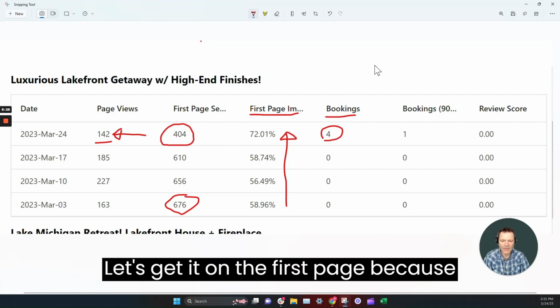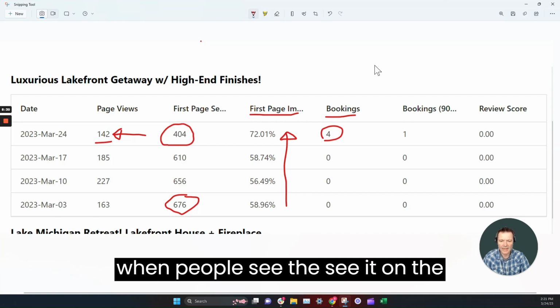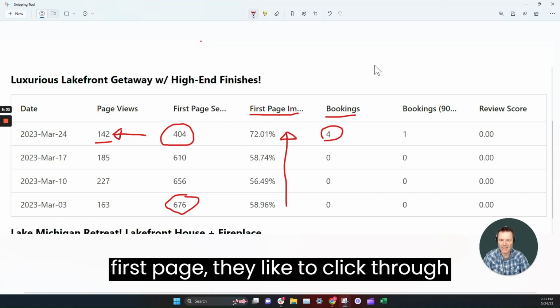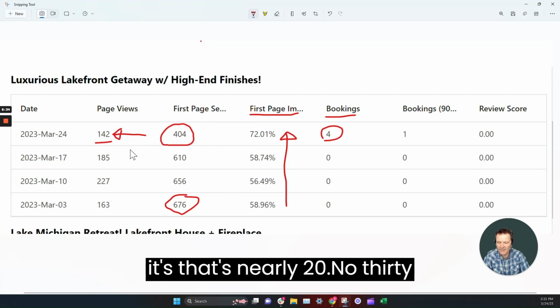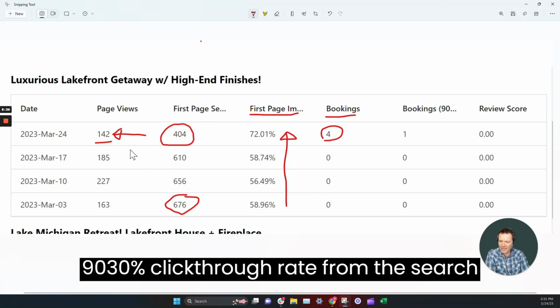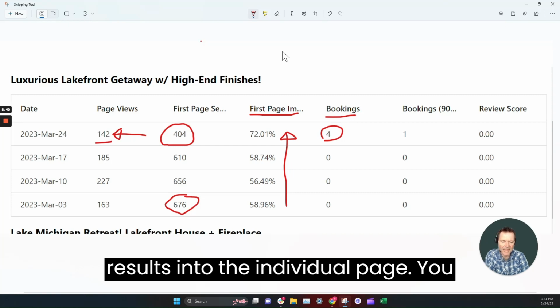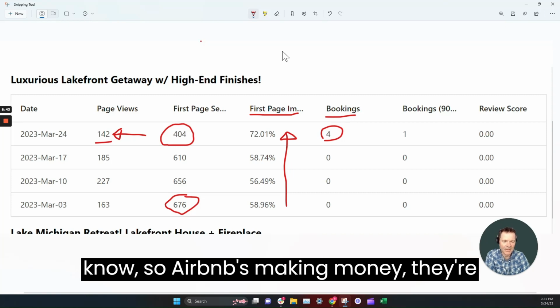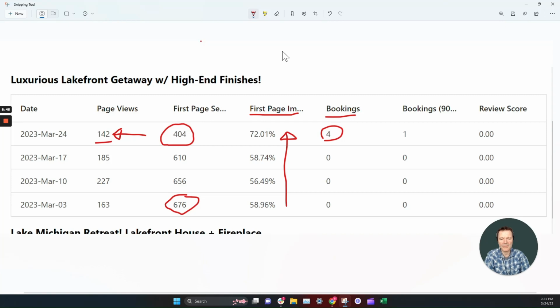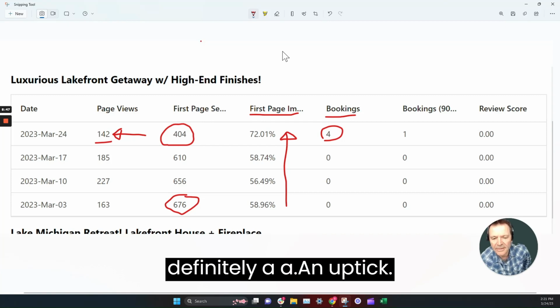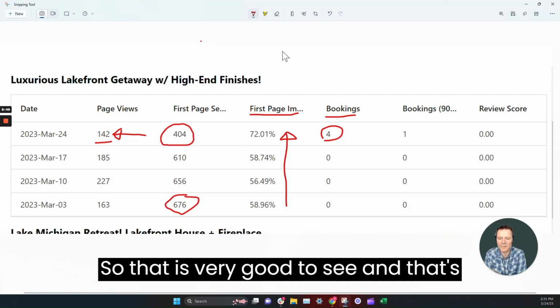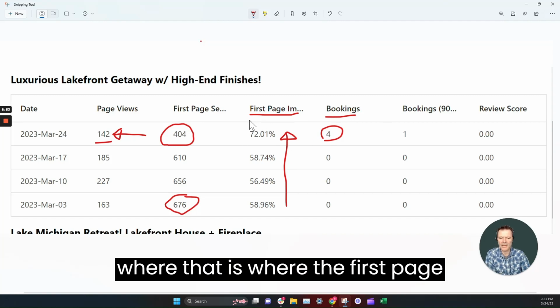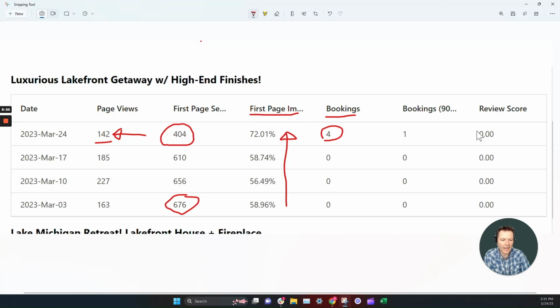Let's get it on the first page, because when people see it on the first page, they like to click through. That's a nearly 30% click-through rate from the search results into the individual page. So Airbnb's making money; they're happy. So they are seeing definitely an uptick. So that is very good to see, and that is where the first page impressions come in.